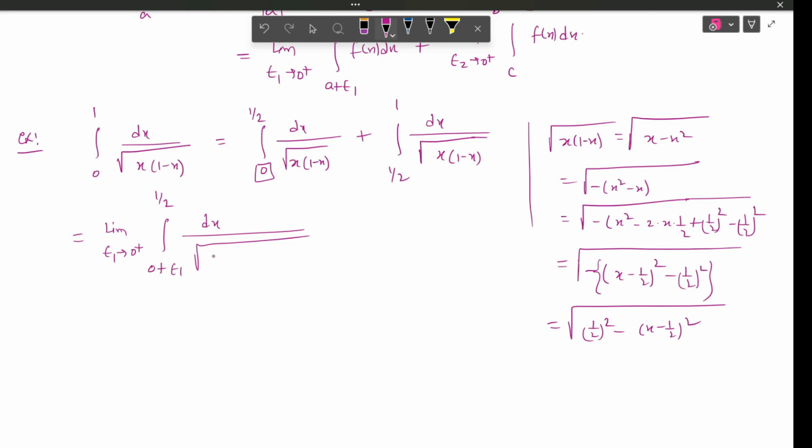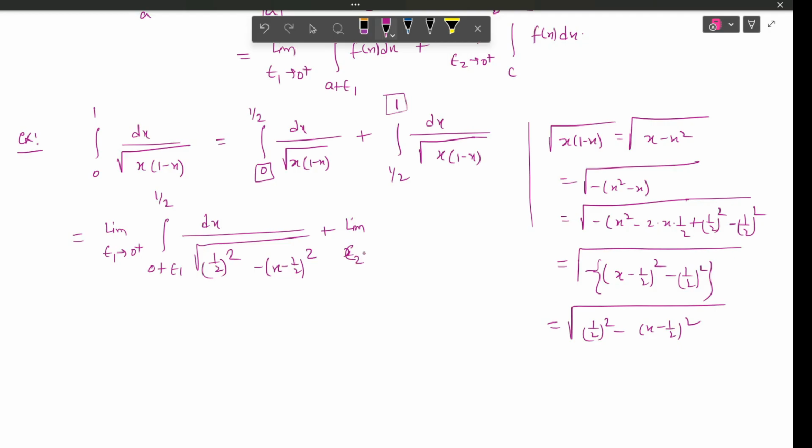Okay. Now you can write this as half square minus x minus half square, plus limit, let us say this is a point of discontinuity at 1, right? So we have to take another epsilon.